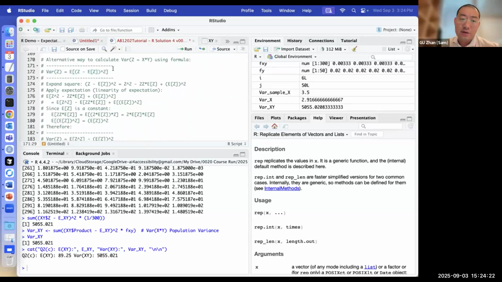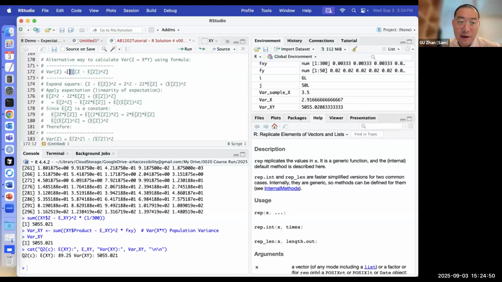So you need to be aware there is a standard base formula, which is each individual z value minus the expected value of z, right? Then we square it. Then we want to find the expected value of it. The expected value of this part is each individual times the probability of it, 1/300. Then sum them together.